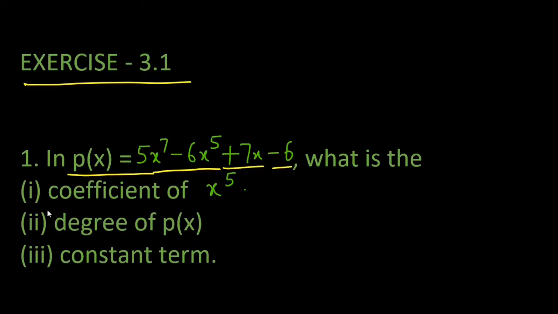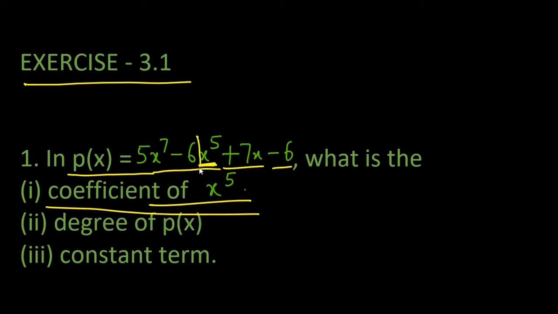What is the first one? The coefficient of x power 5. Here in P of x, 5x power 7 minus 6x power 5. Look at the term x power 5.